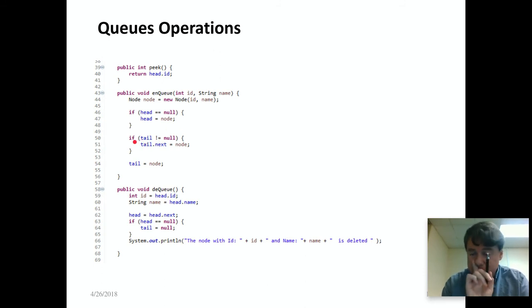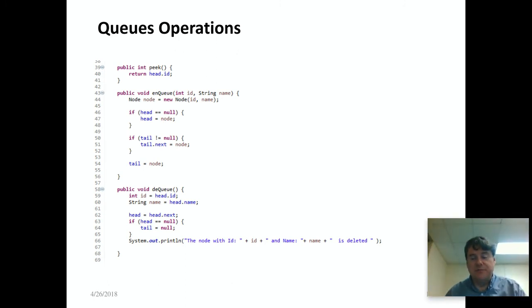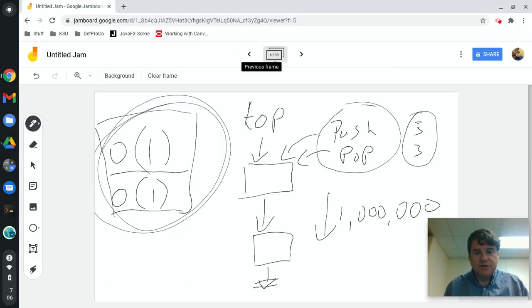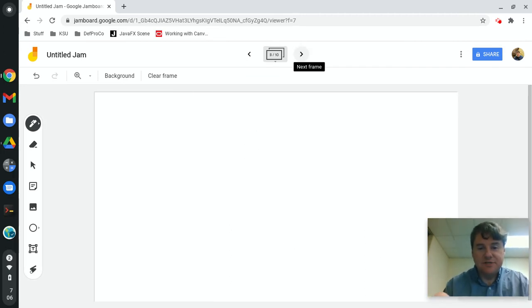When the tail pointer is pointed to null, we're going to instead change that to tail's next equals the new node, which is going to insert it at the end, and then we're going to update tail to point to that node. Now you might be thinking to yourself, what is tail and where did it come from? Which is also what I'm thinking, because it's the first time it was ever mentioned.